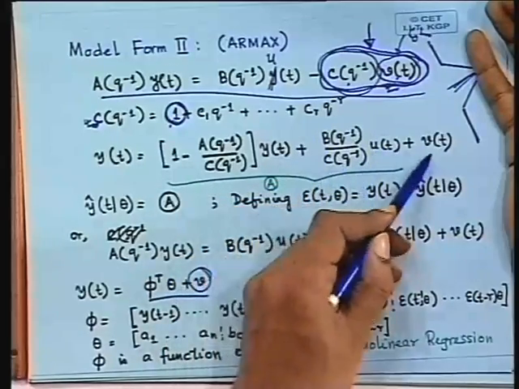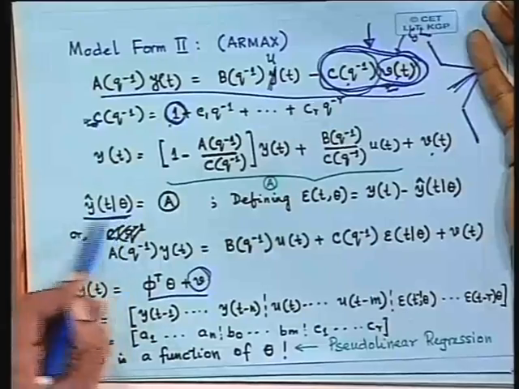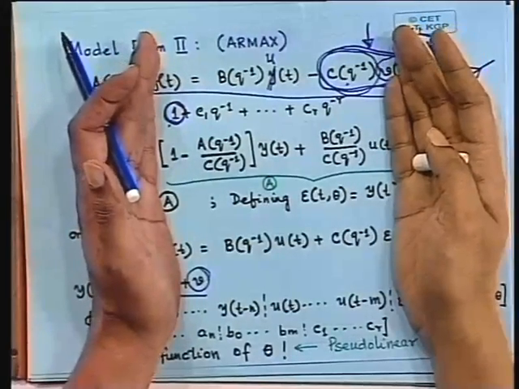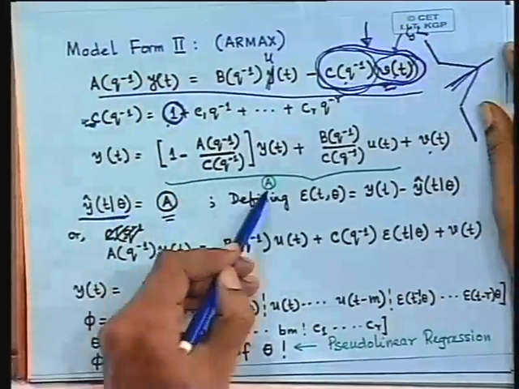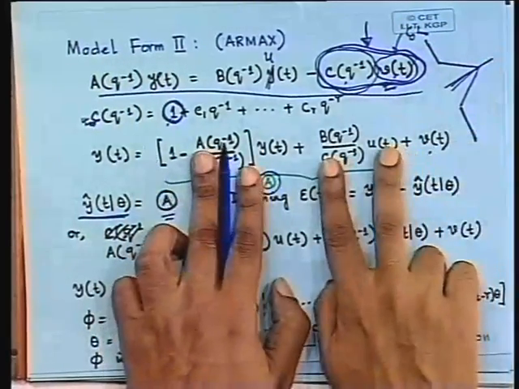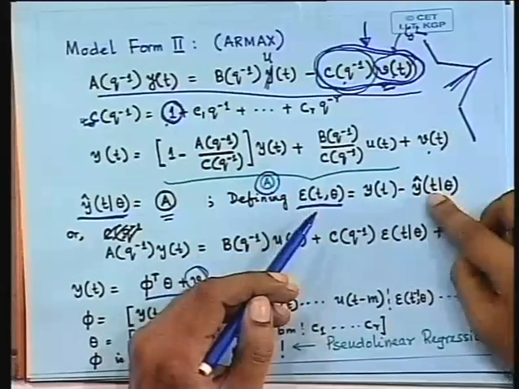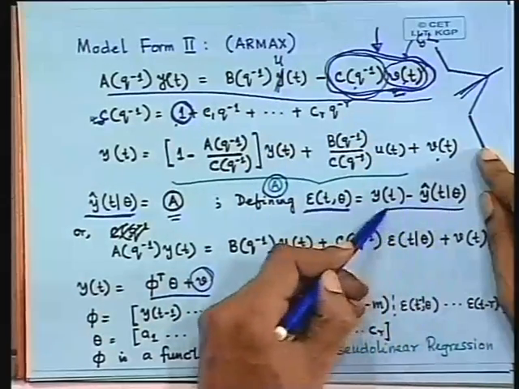This is given, this is white. If A, B, C are given, then what is the conditional estimate? Only up to this part. The white part I cannot estimate anyway. So this is your conditional estimate, these two terms. Then what is your prediction error, given the past data and theta? It is this much.